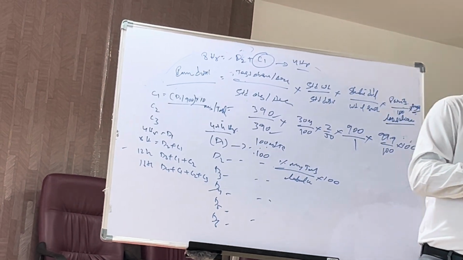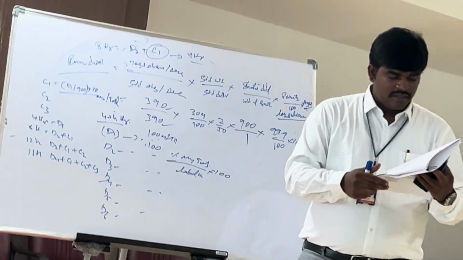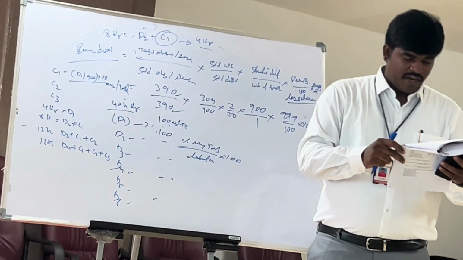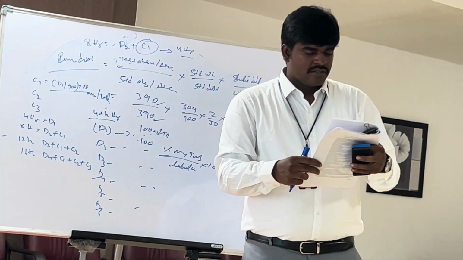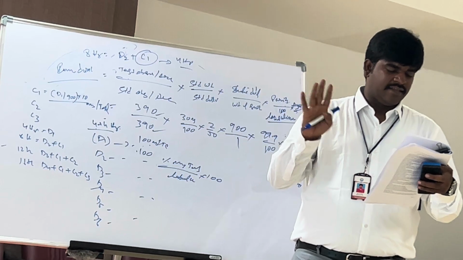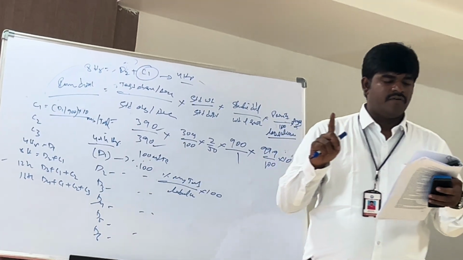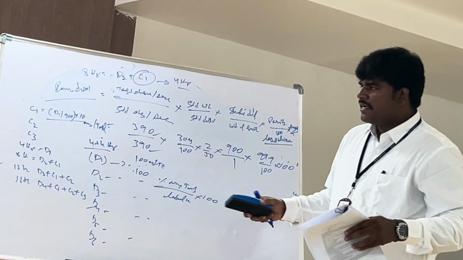Here we take one method, gas chromatography by flame ionization technique. I don't want to go into the details. Here we are simply assessing three solvents: methanol, acetonitrile and DCM, dichloromethane. The formula remains the same.